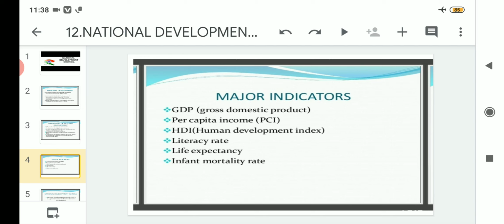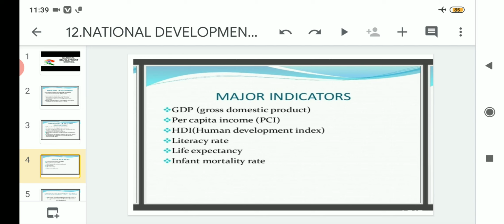Number 4 is the literacy rate, which is a very important factor. Then the 5th indicator is life expectancy. That means the average age at which an individual dies, or the age up to which an individual lives.